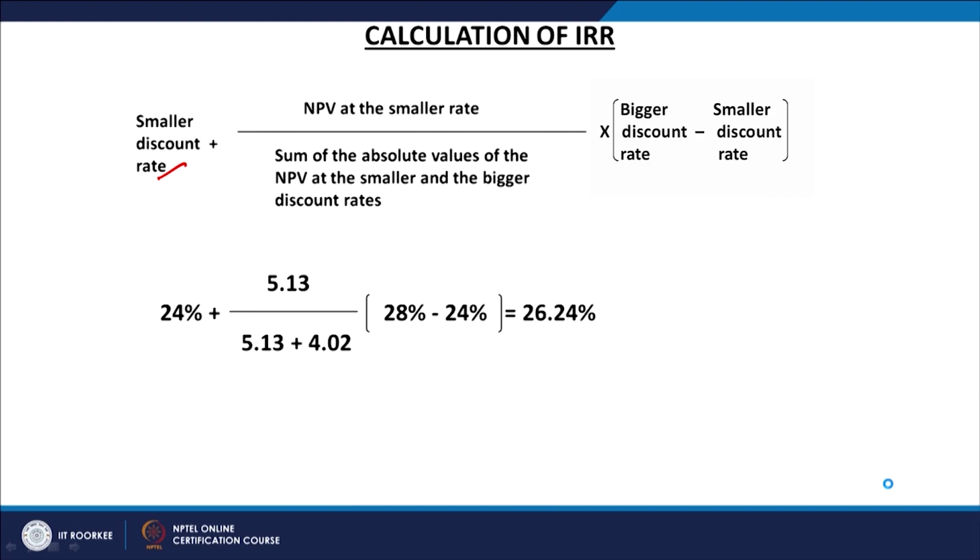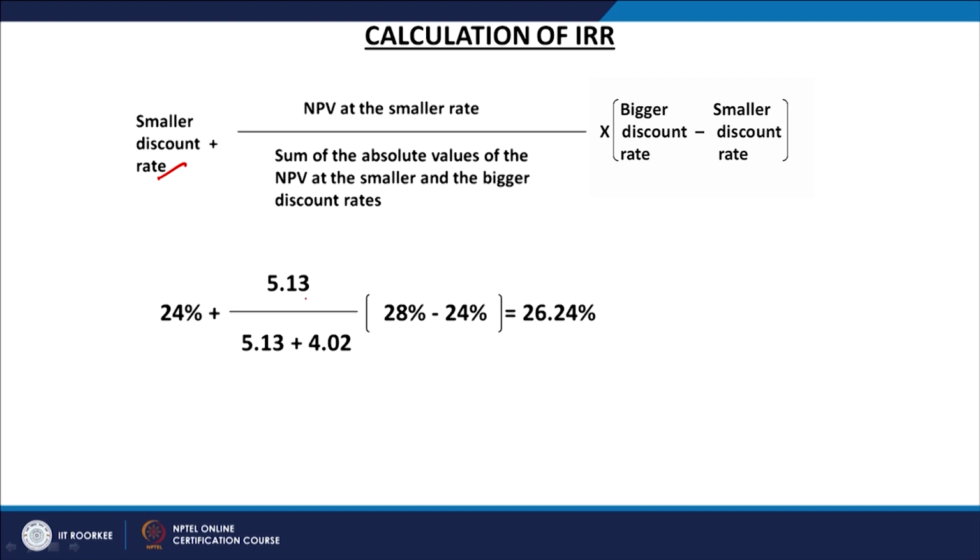So, at the smaller rate it is 5.13, at the bigger rate it is 4.02, it was minus 4.02 but simply forget this sign, multiplied by the bigger discount rate minus the smaller discount rate. What is the bigger discount rate? 28%, and the smaller is 24%.